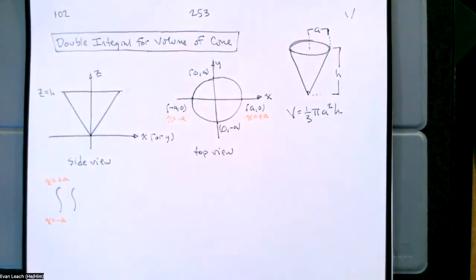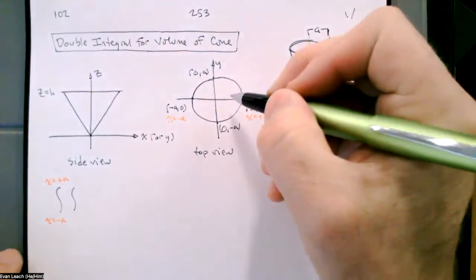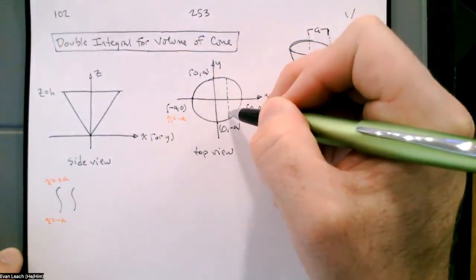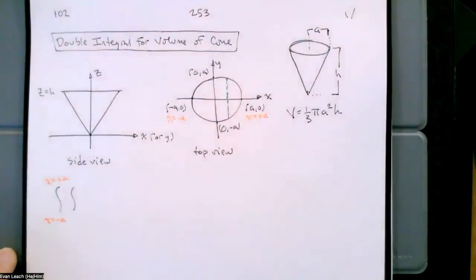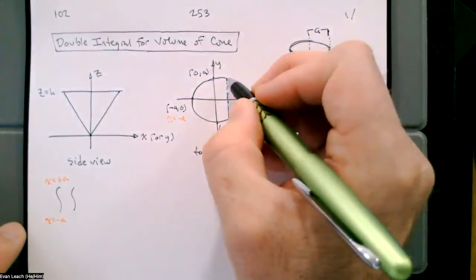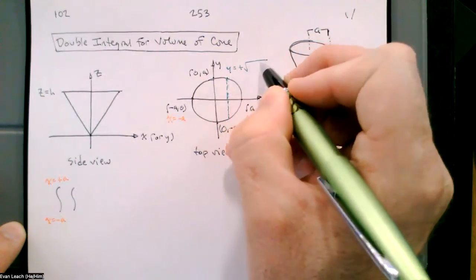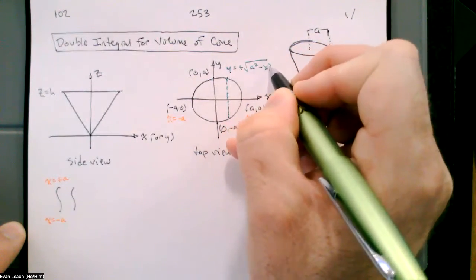For what y is between, that's where we're going to have to grab the circle. So if I pick a typical x value and see what is on the bottom and the top, I'm going to have plus or minus the square roots of a squared minus x squared. So up here at the top is where y is equal to the positive square root of a squared minus x squared.